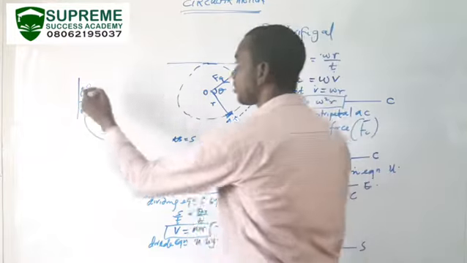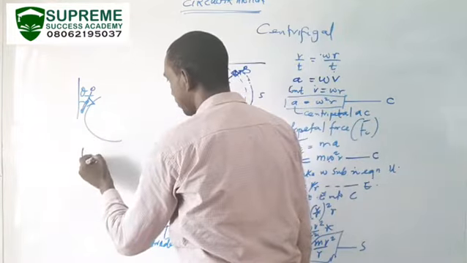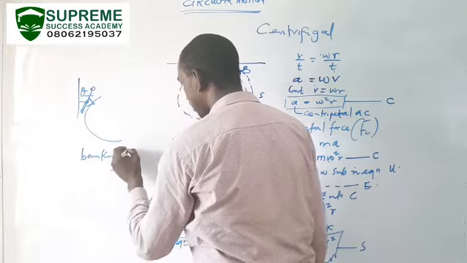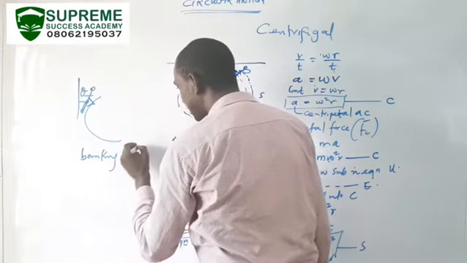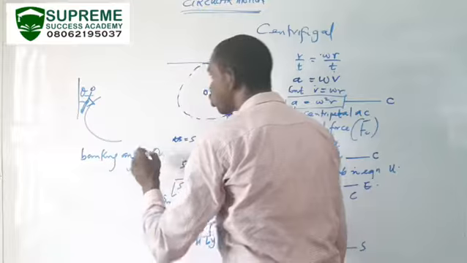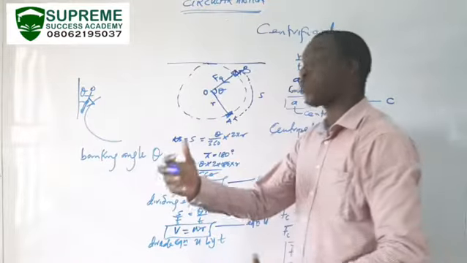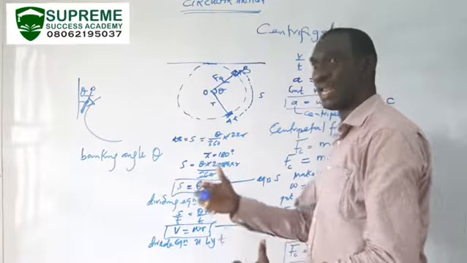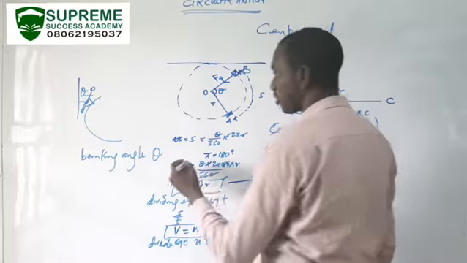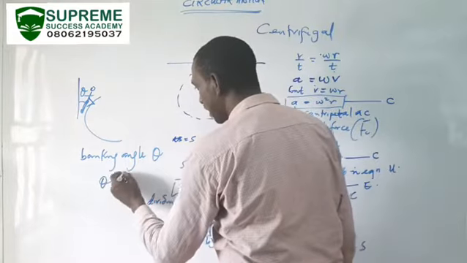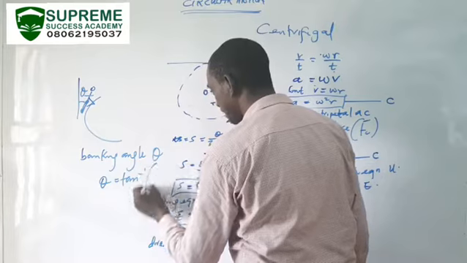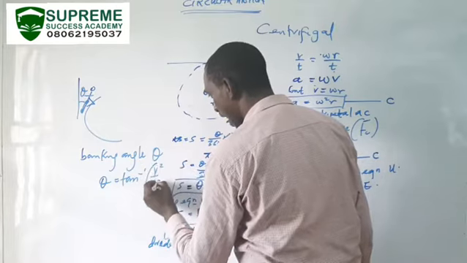There is an angle, we call it the banking angle. That is the minimum angle required to move in a circular path without sliding over or slipping off. The formula for banking angle is given by tan inverse of V squared over RG.